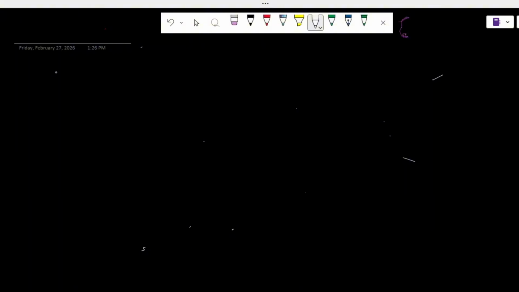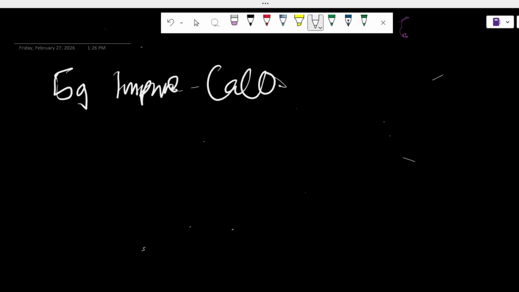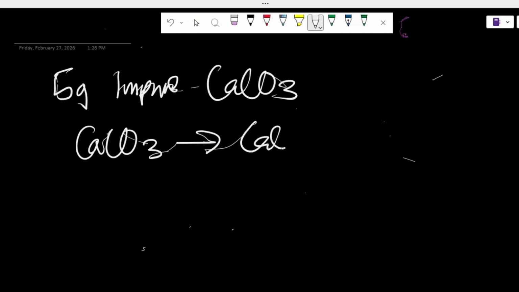Let's say a student heated 5 grams of impure calcium carbonate. And you know when it is heated, it is going to be a reaction like this. Calcium carbonate, and then you're going to have calcium oxide plus carbon dioxide.